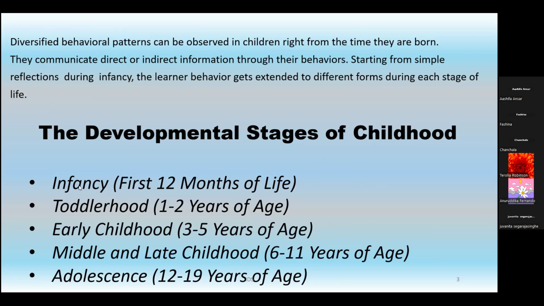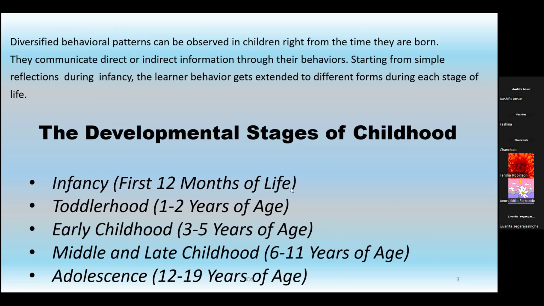Right? So in infancy, purely simple behavioral patterns can be observed. Maybe laughing or smiling or doing certain motor activities, that's it. But when it comes to early childhood, middle childhood, the behavior becomes so complicated that even the parents can't understand the reason for those behavioral patterns.